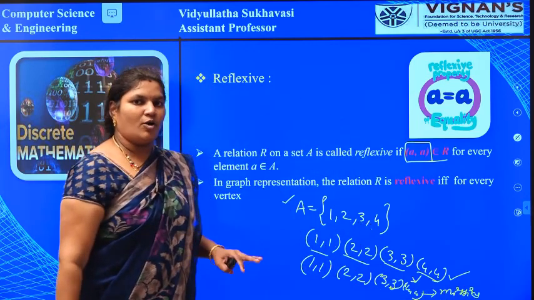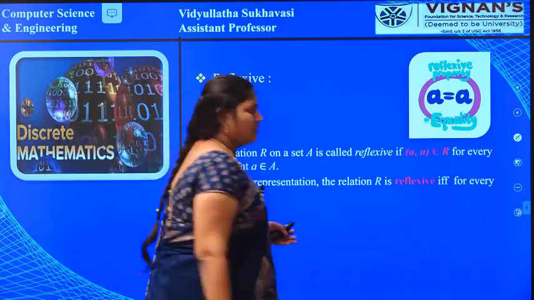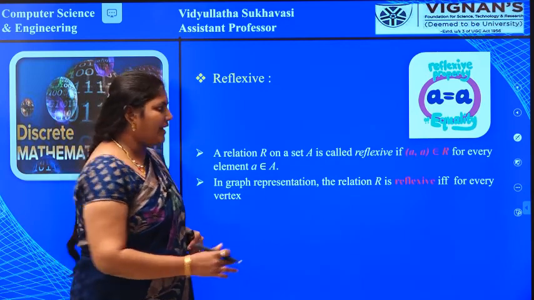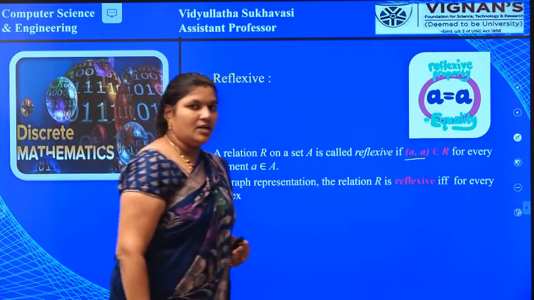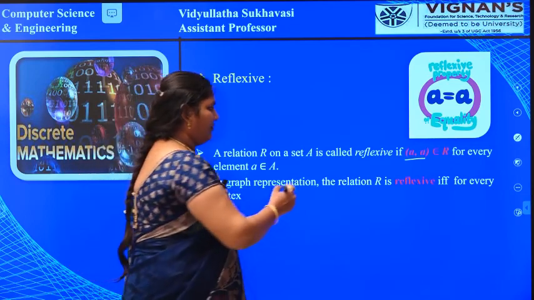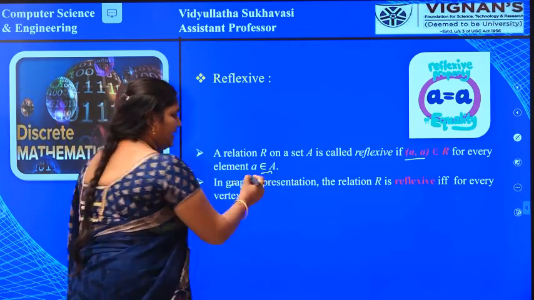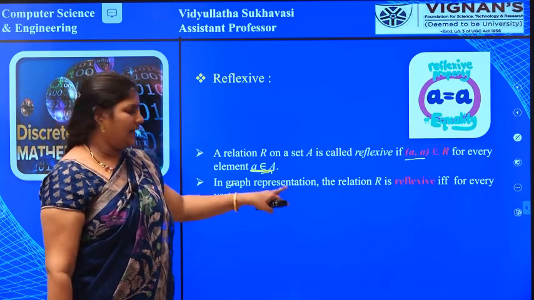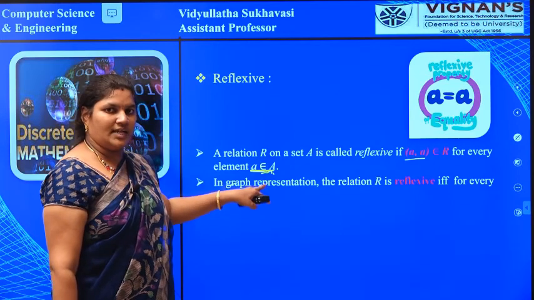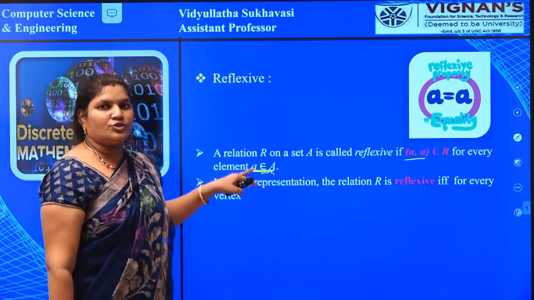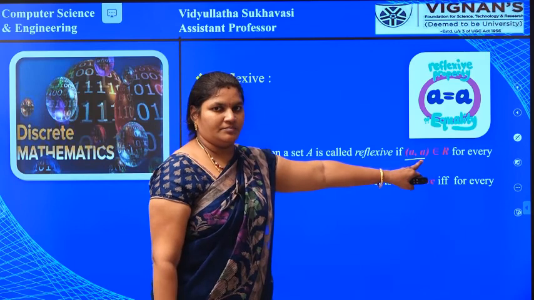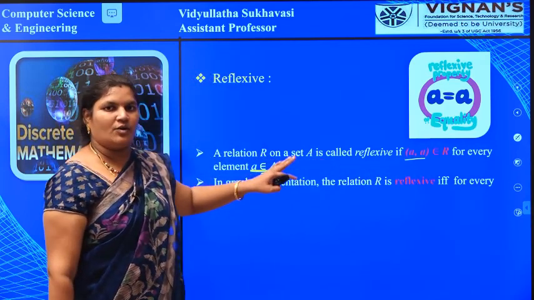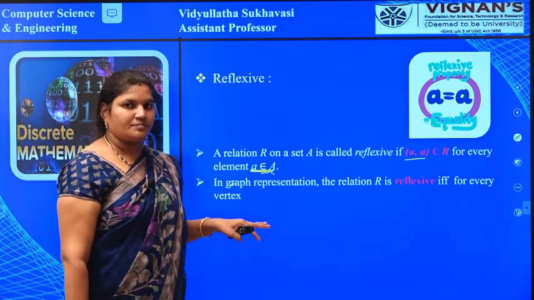That relation will not be called a reflexive relation. So whenever we are checking the reflexive property, the ordered pair should be in the form A comma A, for every element A that belongs to the set A. That means all the elements which exist in the set A should appear in the form A comma A. Then only can we say that it is a reflexive property. Otherwise we are not saying it is reflexive.